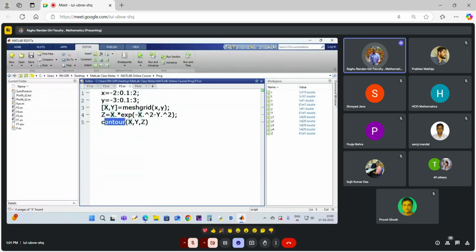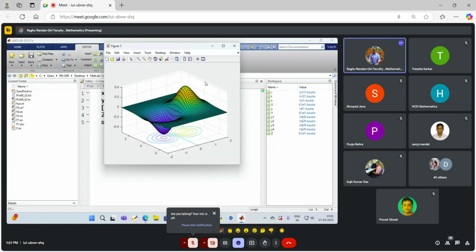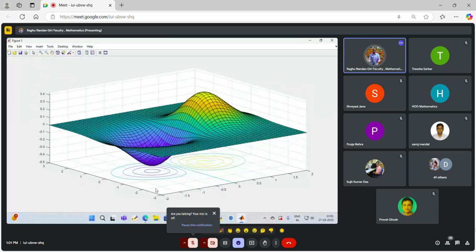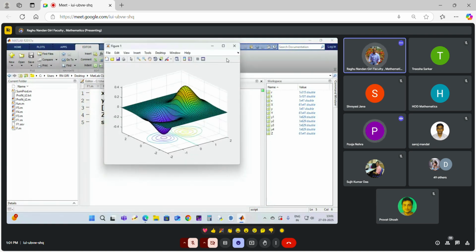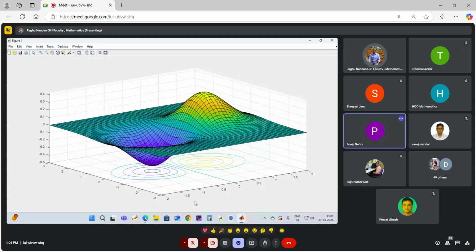Okay, there is also the option of surface with contour. There is a function surfc. This is the surface with contour. Similarly, mesh with contour, there is a function meshc.